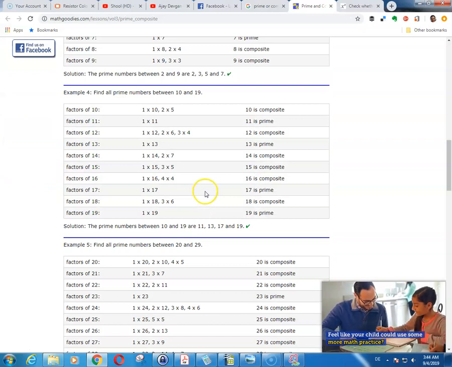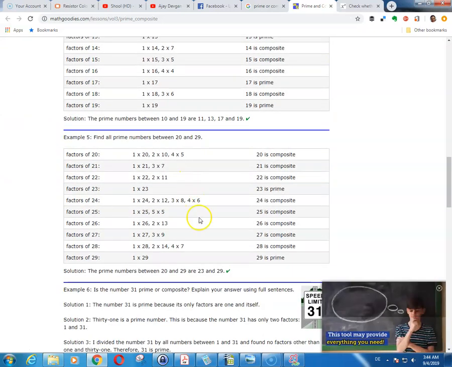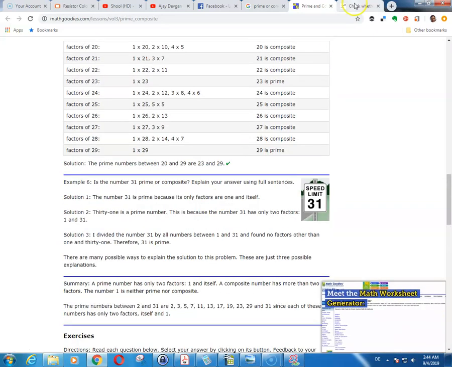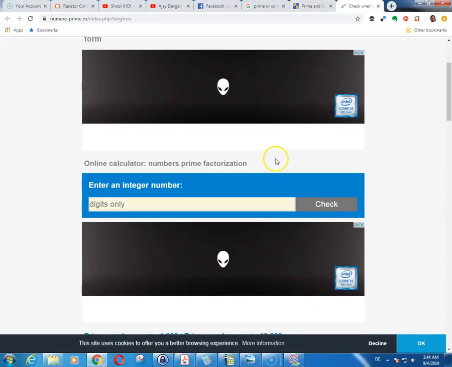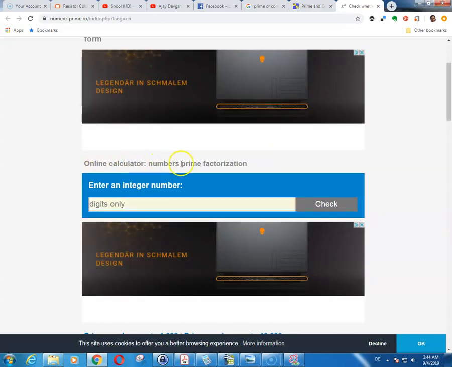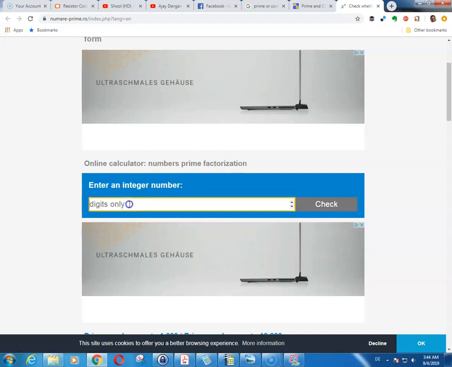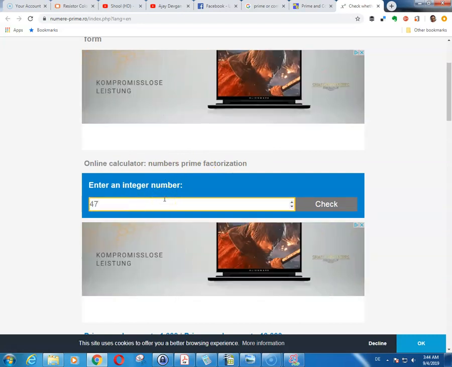There is something else called the sieve of Eratosthenes, which tells you whether a number is prime or composite. Online, candidate numbers prime factorization: enter an integer, 47 for example.